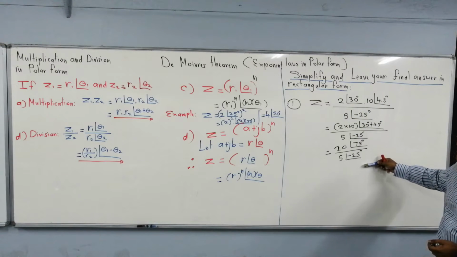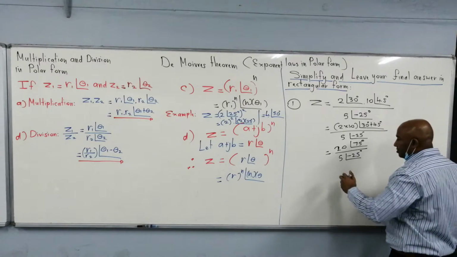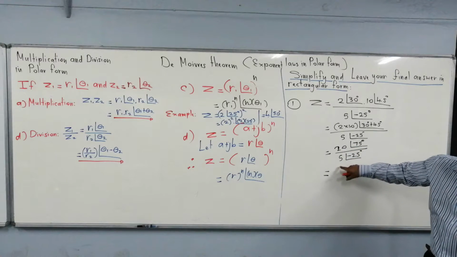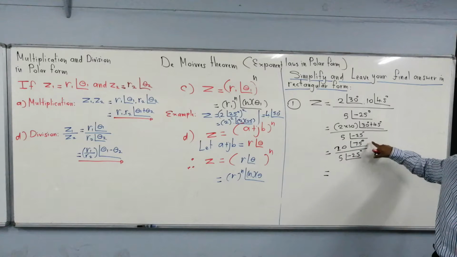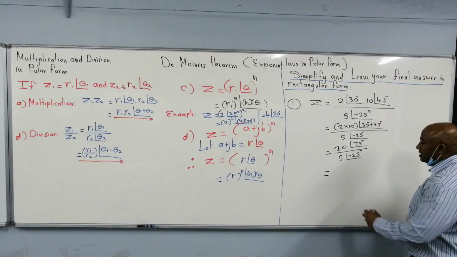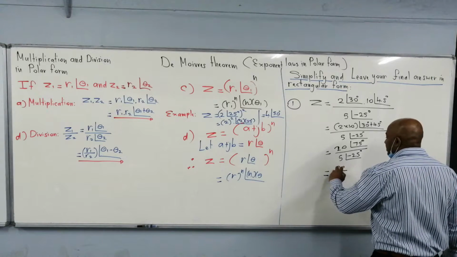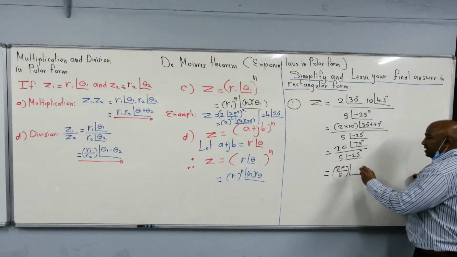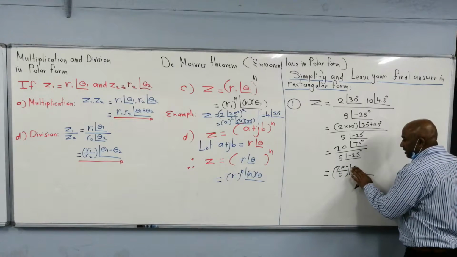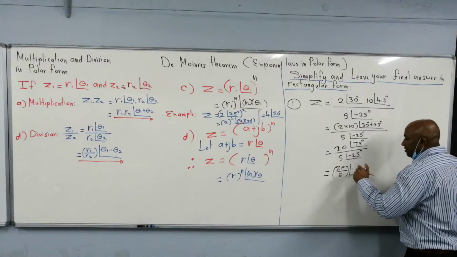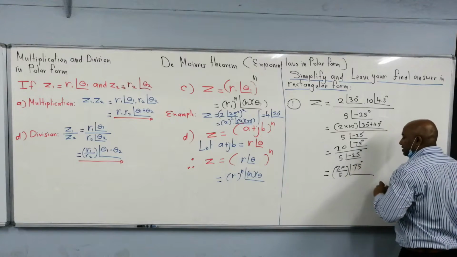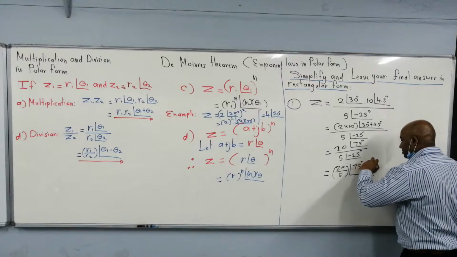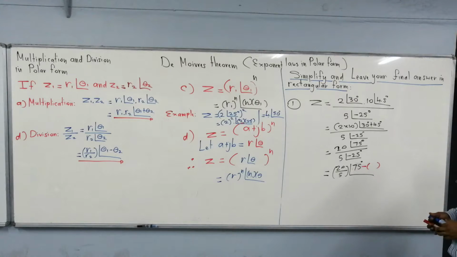Now this is division. So how do we do division? It's top divided by bottom, and for your angles, it's top angle minus bottom angle. So this is going to be 20 divided by 5, and the top angle there is 75 minus, what's your bottom angle?